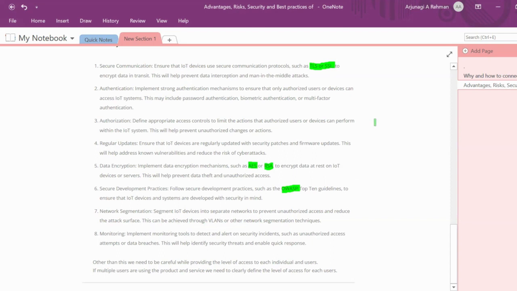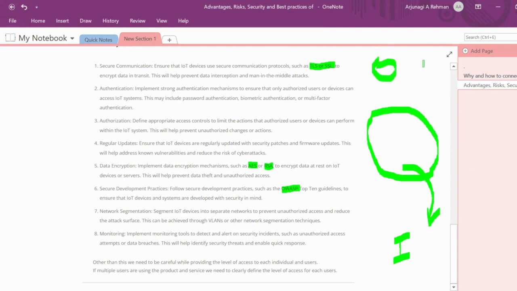So here what we are doing is, instead of making one large network of devices and sending the data from a single point to the internet, we should segment this. That means we should make small networks, and each network will have a gateway that will send the data to the internet.